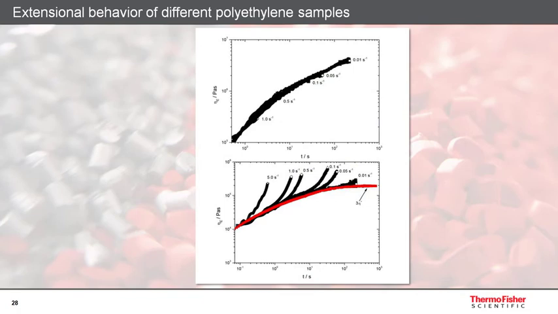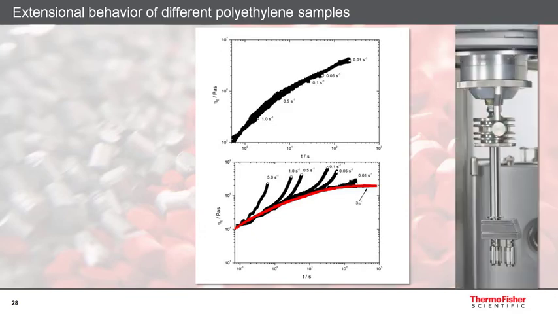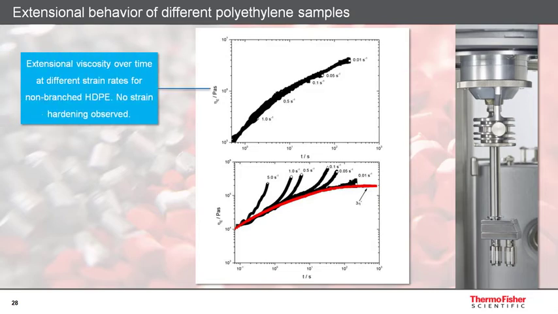On this slide, the transient extensional viscosity at different extensional deformation rates is presented for 2 different polyethylene samples. The tests were performed with a special film stretching fixture for rotational rheometers, as shown on the right. The upper plot presents the results of extensional tests with a non-branched, high-density polyethylene sample.